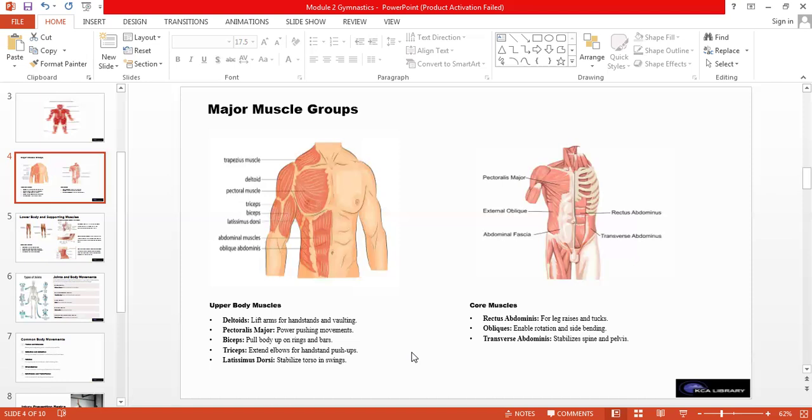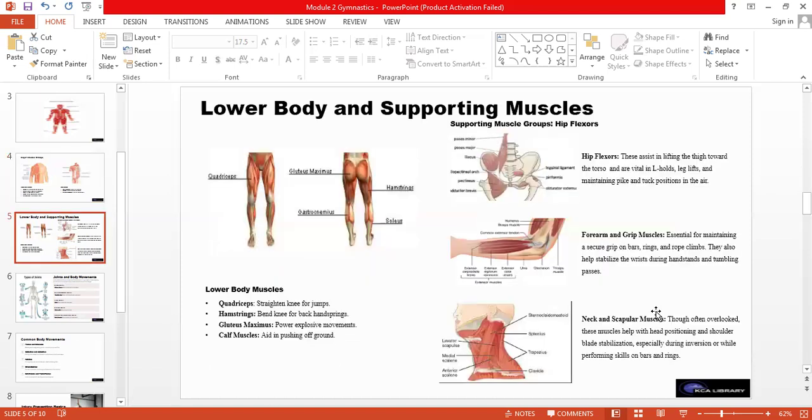The latissimus dorsi stabilizes the torso in swings. And the rectus is for leg raises and tucks, and you see it here. This is the rectus, this is the transverse, and this is the obliques. These are very important when it comes to gymnastics.